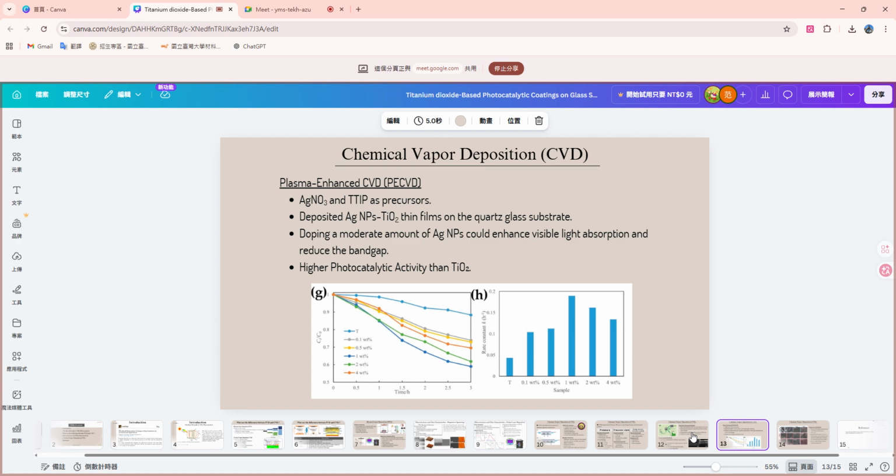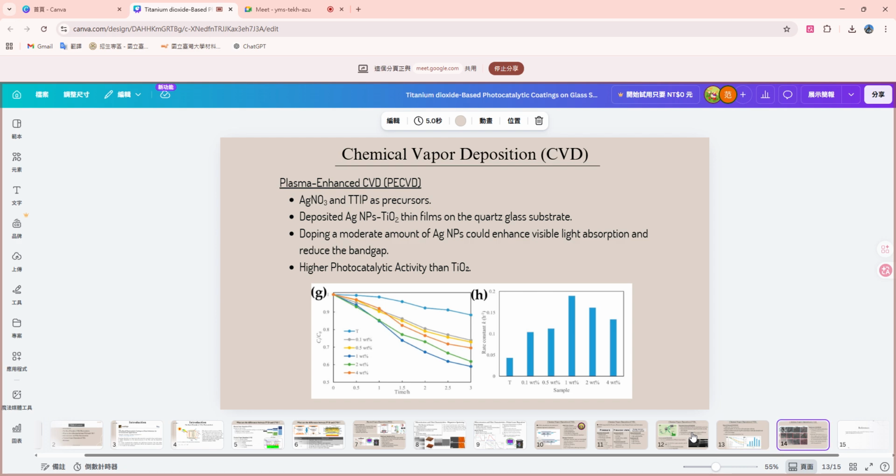In addition, doping a moderate amount of AgNPs could enhance visible light absorption and reduce the band gap, thus exhibiting significantly higher photocatalytic activity compared with the pure TiO2.